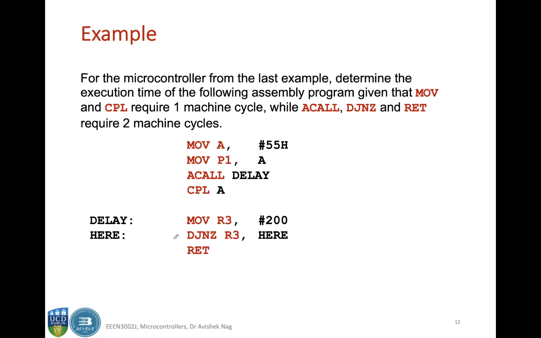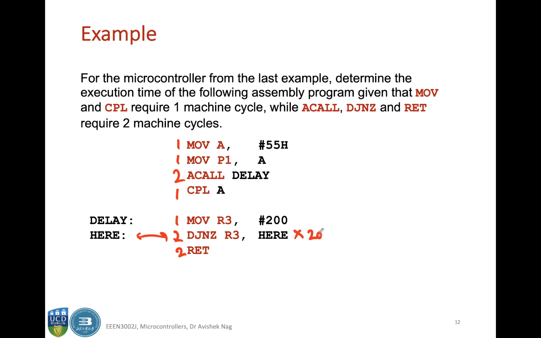So this loop, this is 1, this is 1, this is 2, this is 1, this is 1, this is 2, this is 2, and this loop here will take 200 times.